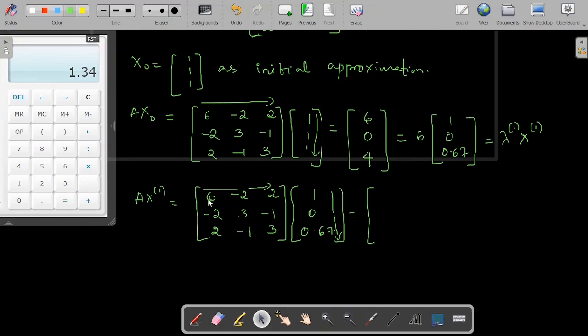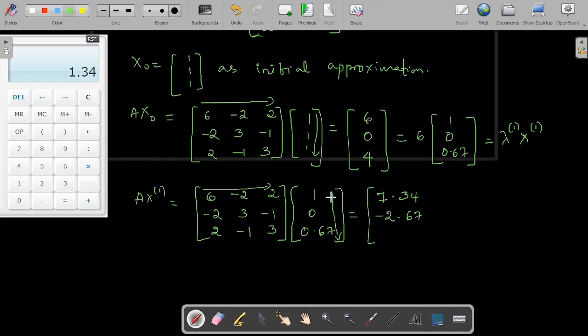So 6 plus 1.34 is 7.34. Similarly, minus 2 plus 0 and minus 0.67, so that gives minus 2.67.